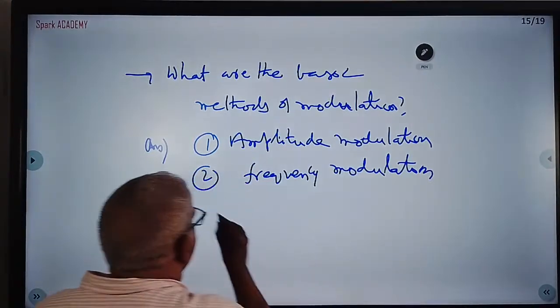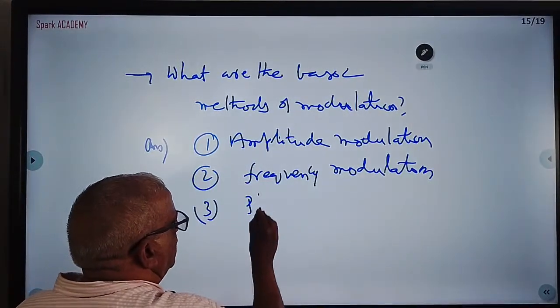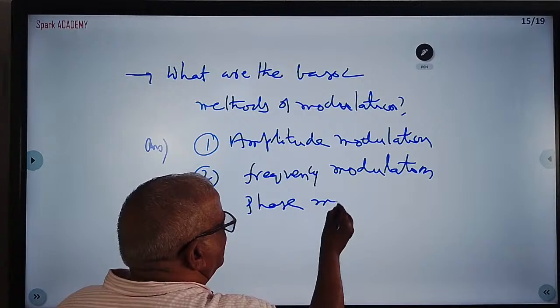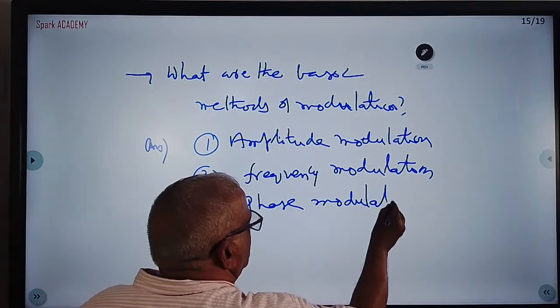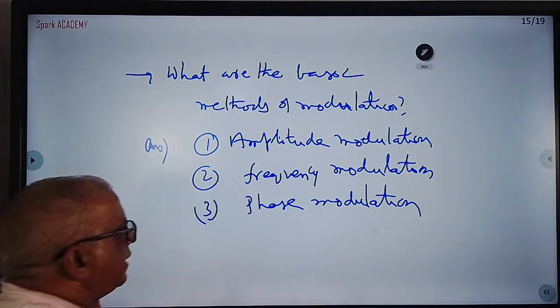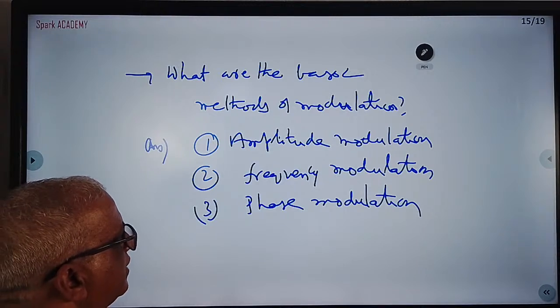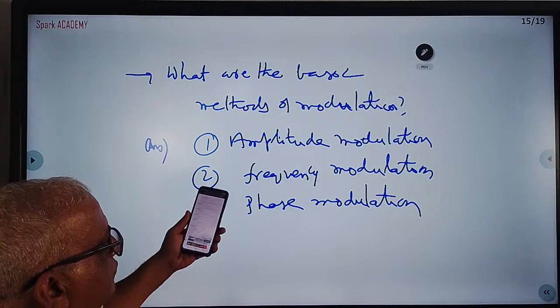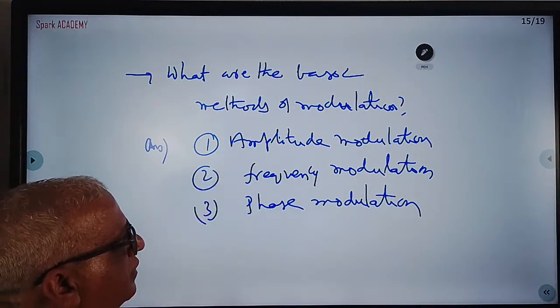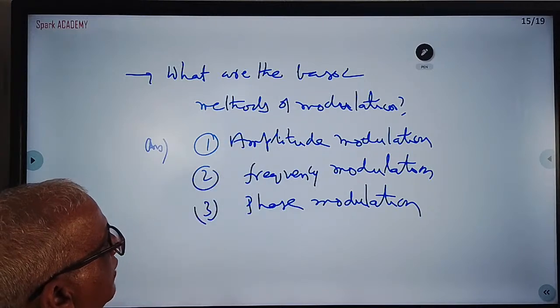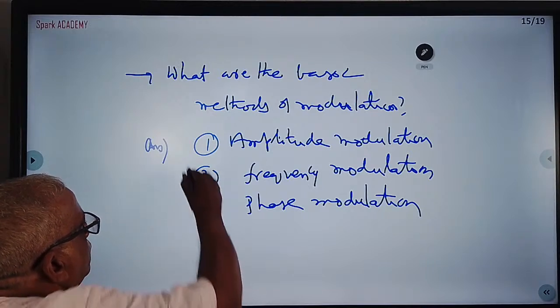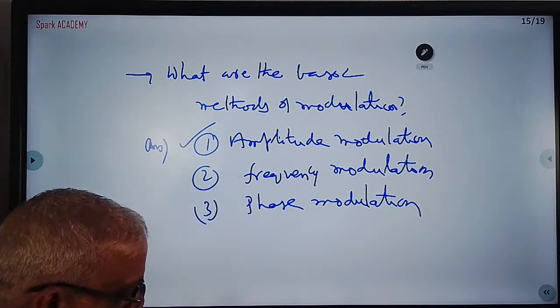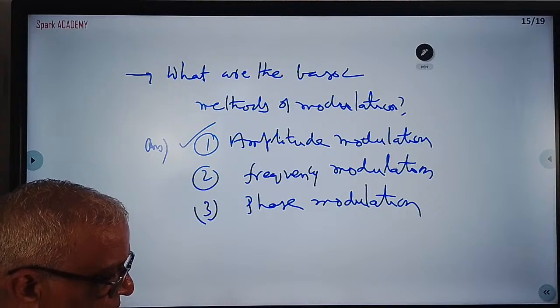Third is phase modulation, in which amplitude and frequency remain constant, phase will change. But mainly we are using amplitude modulation.